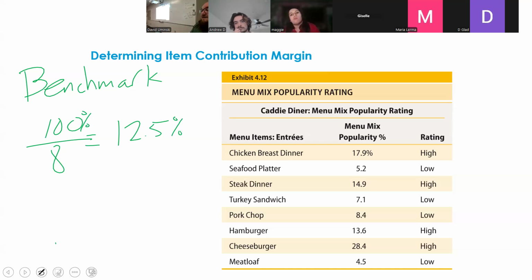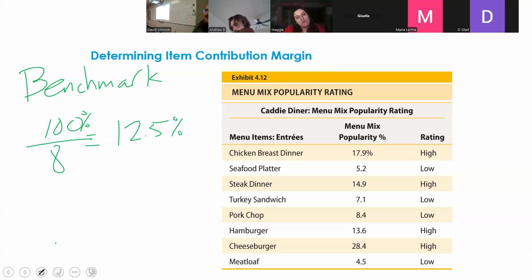Now, for whatever reason, with contribution margin we'd stop. We're done. That's the average contribution margin. But with popularity, they go one step further. In letter B, number 11, we're going to multiply by the popularity factor that's provided. Anytime I give you an example, I'm going to give you a popularity factor.